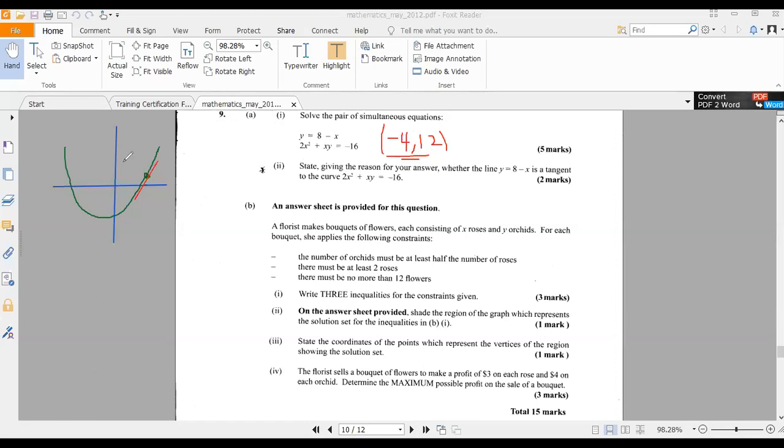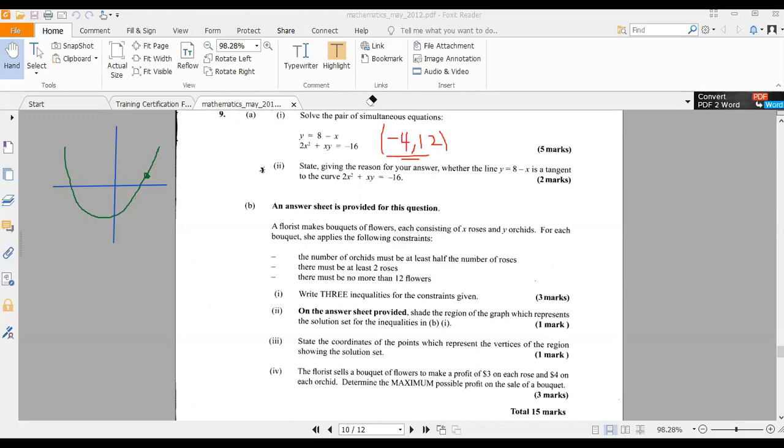Are you following? Remember that this is a sketch. This is not the exact place it's supposed to be, because negative 4 and 12 will never fall here. Negative 4 and 12 would have fallen somewhere here. The tangent line should have been here. So instead of the line being here, we are going to put this line here, because negative 4 will be somewhere over here.